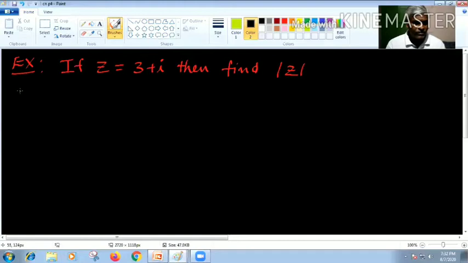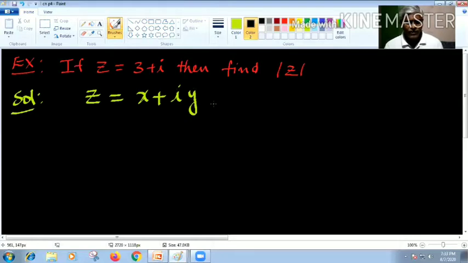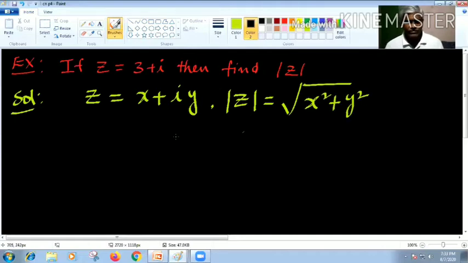Look at this. Now consider this given complex number with the standard form. Let us take any complex number x plus iy, and for this the mod will be under root x square plus y square.